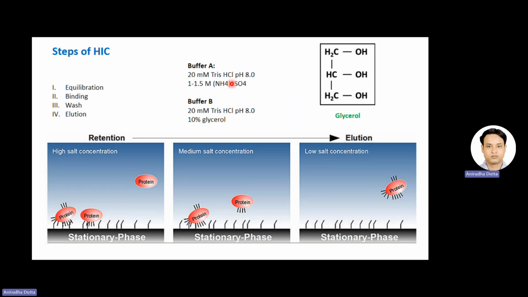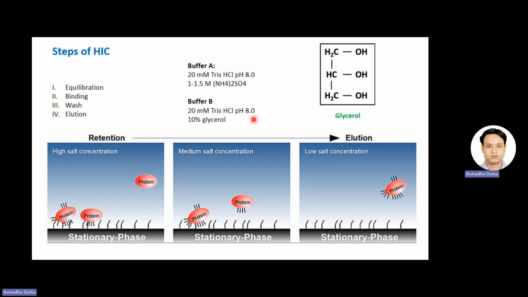So if the protein is already in the presence of high salt, then you don't have to do any specific step before you can load that protein into your hydrophobic interaction column, isn't it? So the binding buffer would be in the presence of high ammonium sulfate, and then you can wash the column with the same buffer A, and then elute the protein with a gradient of buffer A, which is high salt, and buffer B, which is low salt.